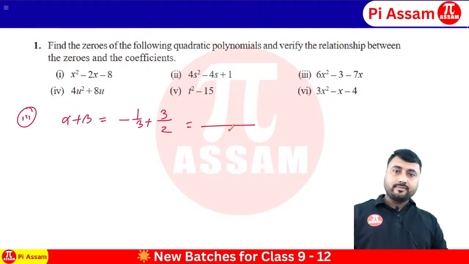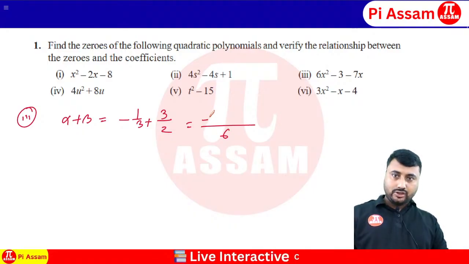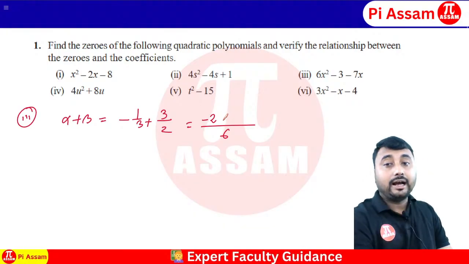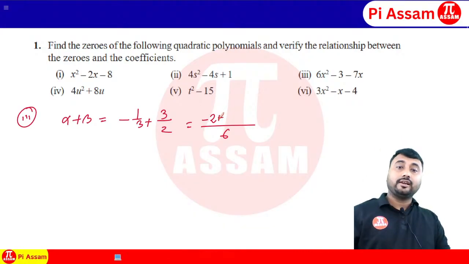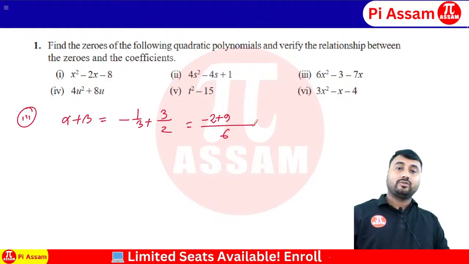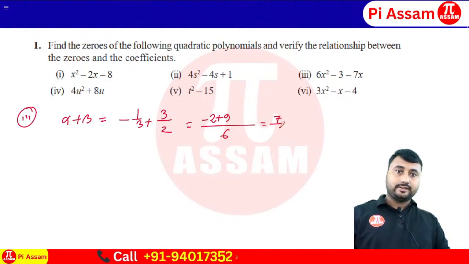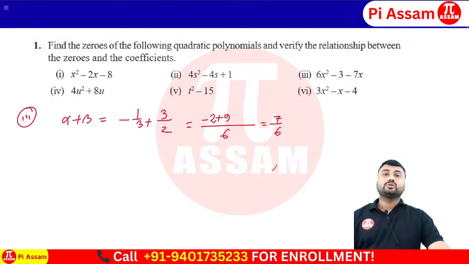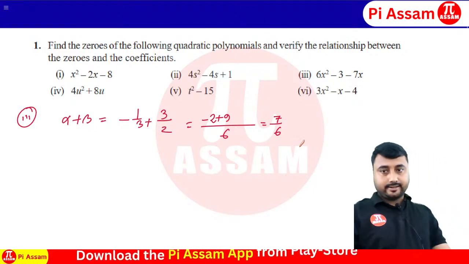So what is the LCM? 6. Minus 3 2s are 6, so minus 2, and 3 3s are 9, so which is equal to 7 by 6.